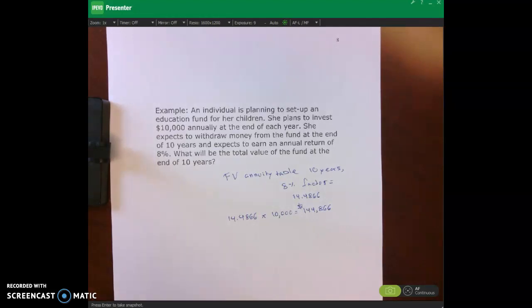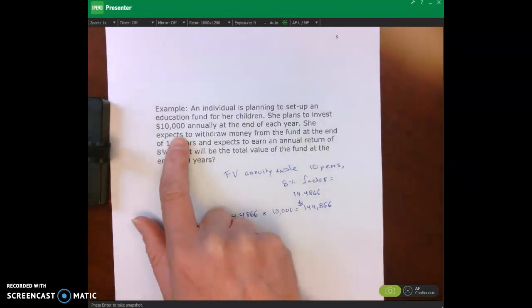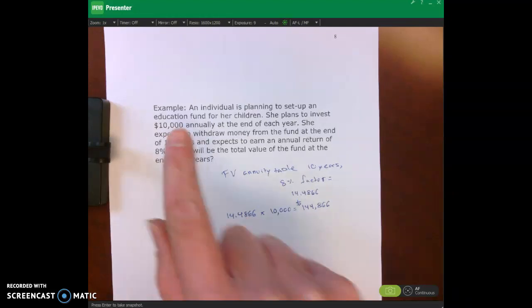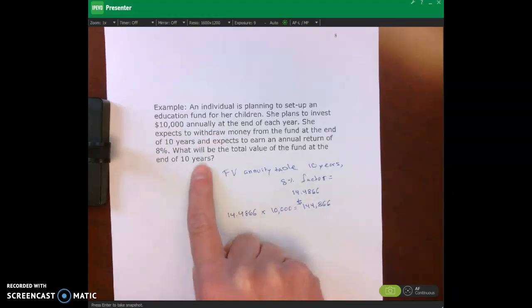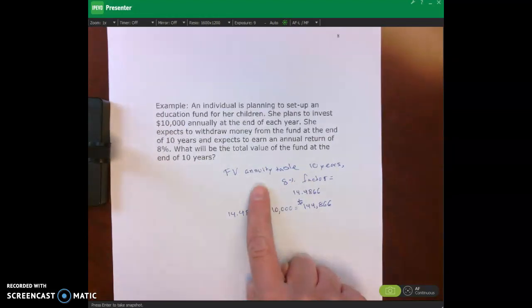The second thing you need to think about is, is this an annuity or a single amount? It's an annuity because she's paying $10,000 annually into the fund. It's multiple cash flows. And I'm asking for future value. You have to think about those two decision points before you decide which table to use.